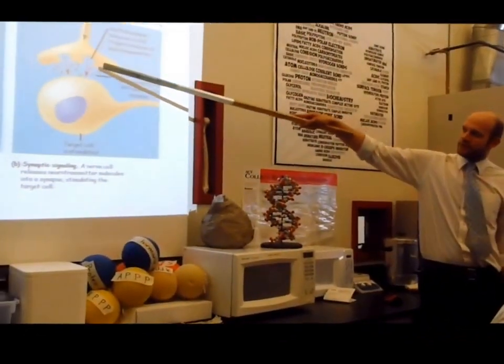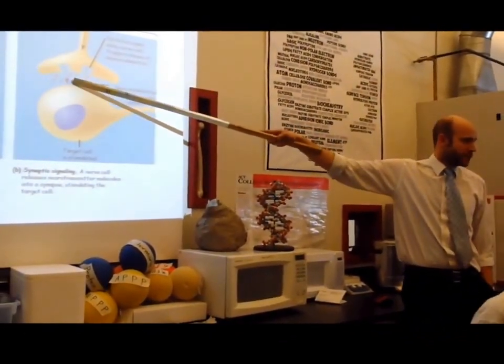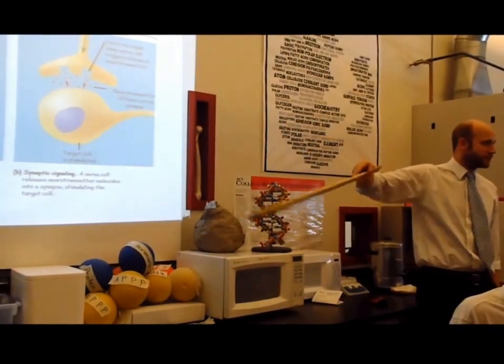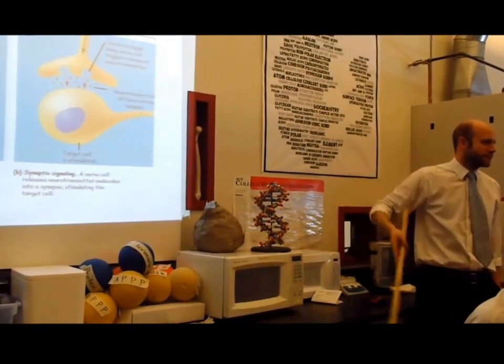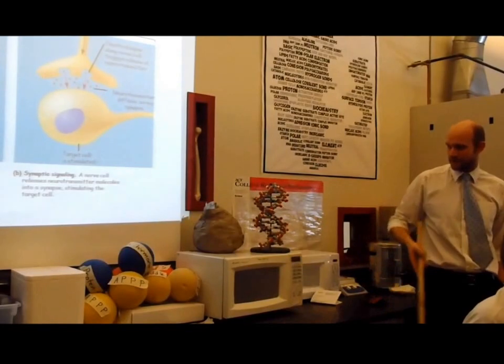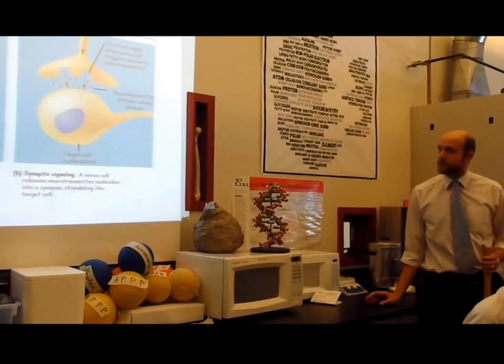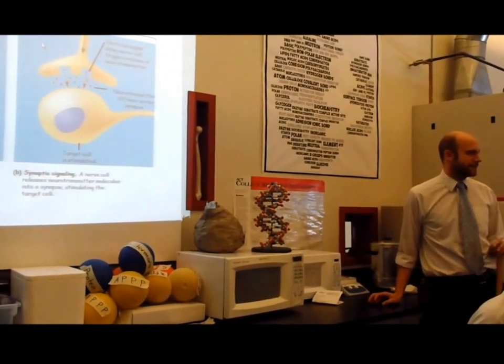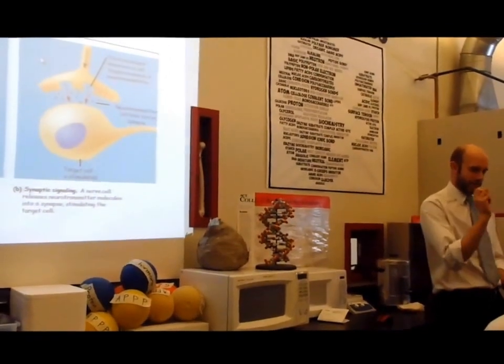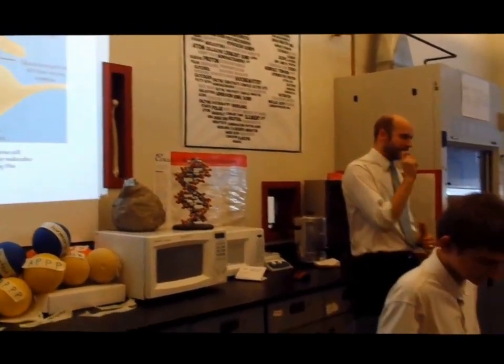So different drugs, and that's not just drugs that you consume and take into your body, but also drugs that your body produces, such as adrenaline, can affect the way that these work. So these are examples. As I say, the examples you're going to get are going to be much more specific.